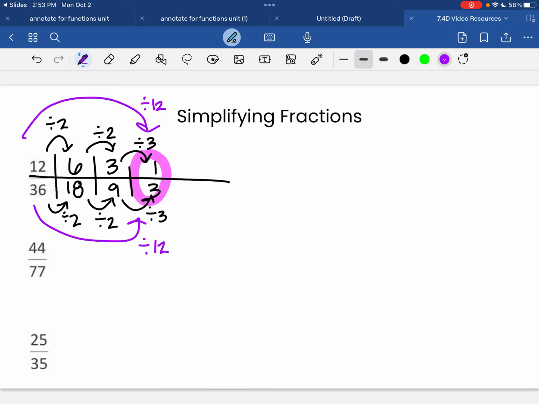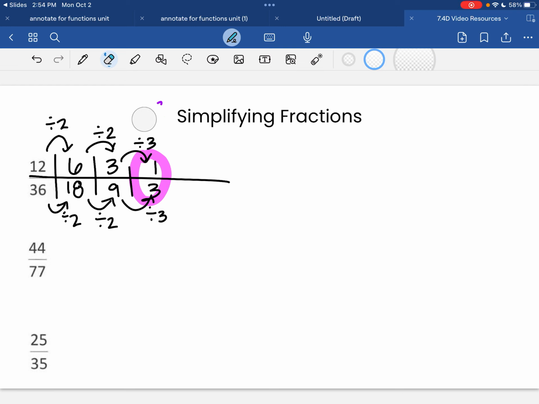So the next fraction that we're going to look at is 44/77. And I'm just going to erase this a little bit so it's not in our way. And so for 44/77, I'm going to extend my ratio table. I see that 44 is even, but 77 is not.